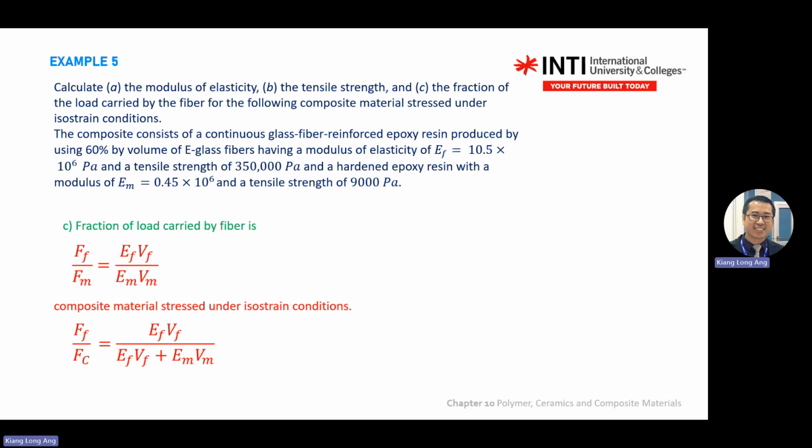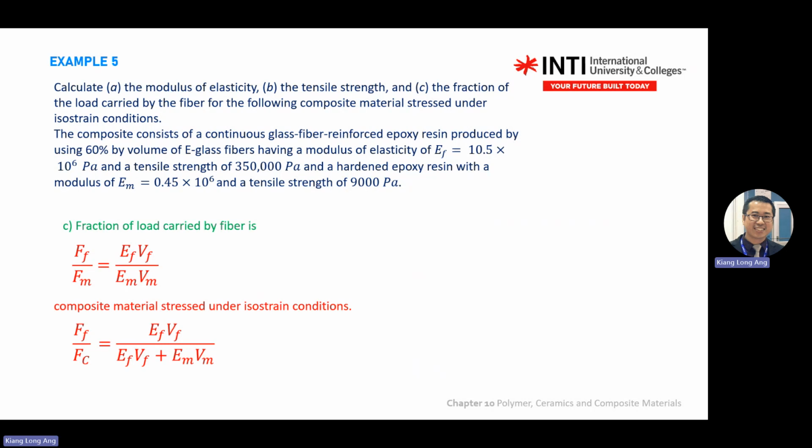So this one asks you, C1 is the fraction of load carried by fiber for the following composite material. He asks you fiber versus composite and not fiber versus matrix. So don't just memorize and then go into the exam. Look carefully at what the question asks you. Although you learned this one, the question asks you fraction of load versus composite. So force of fiber versus composite.